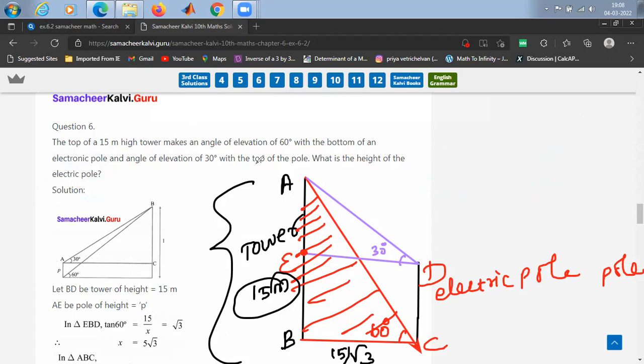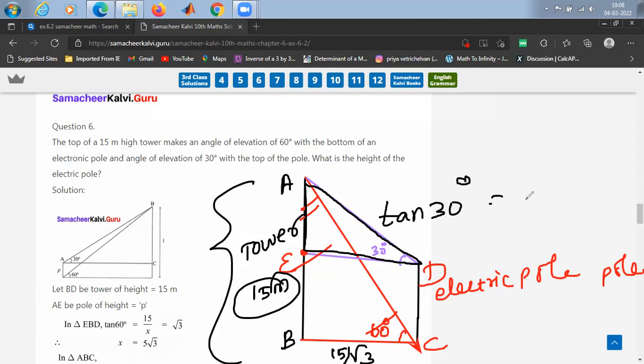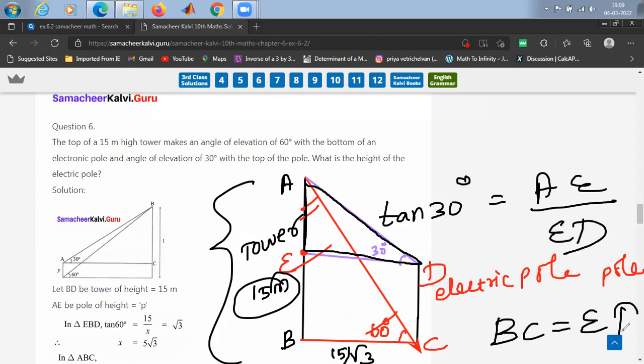So let's take another triangle now. Let's take the triangle AED now. You can take this triangle now. Again, you apply tan theta. Tan 30 degrees is equal to opposite by adjacent. So it's going to be AE upon ED. Can we say BC is equal to ED, Manasi? Can we say these two lines are equal in length?